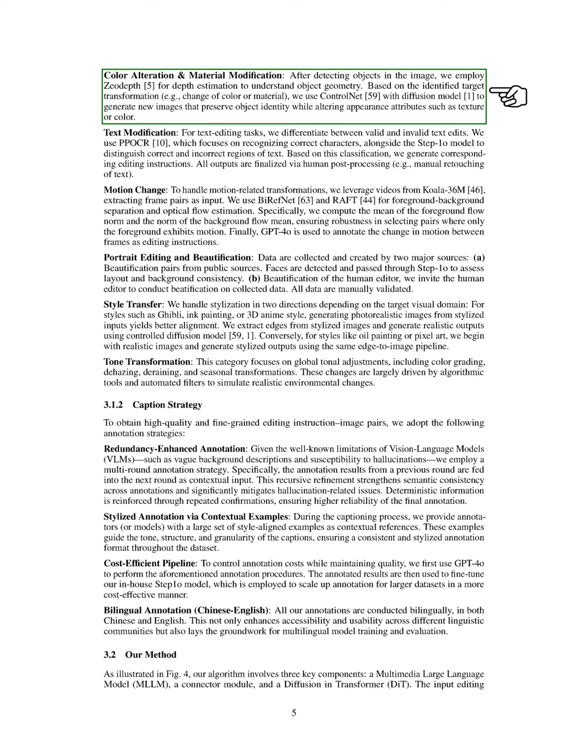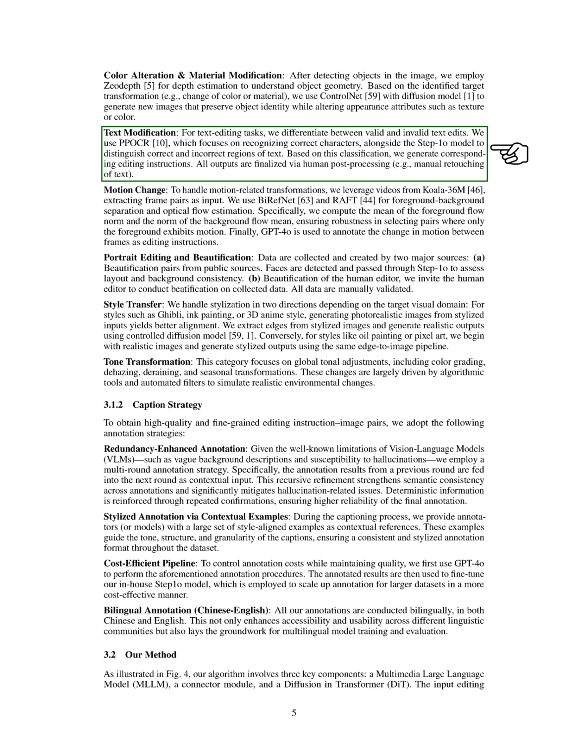In color alteration and material modification, we estimate depth with ZeoDepth and use ControlNet to generate new images while preserving object identity. For text modifications, we distinguish valid edits using PPOCR and the Step-10 model, finalizing outputs through human post-processing.